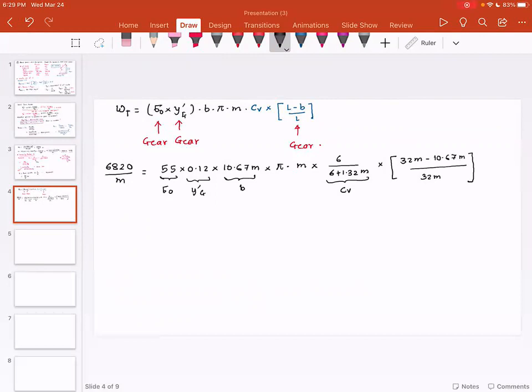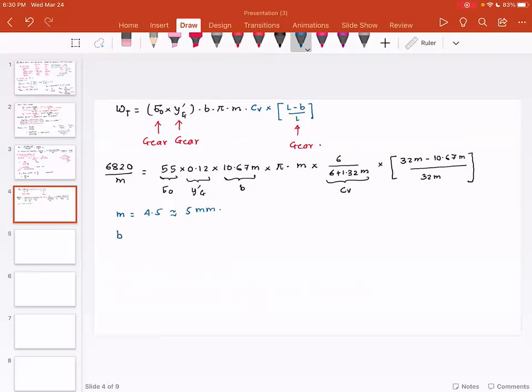Just like the spur gear problem and helical gear problem, this equation needs to be solved by trial and error, or you can program this equation in your TI-84 and get the value of m. m happens to be 4.5, which is approximately 5 millimeters. So the module is going to be about 5 millimeters.